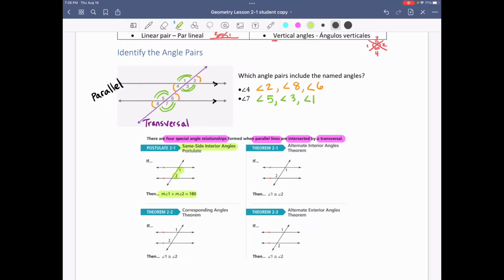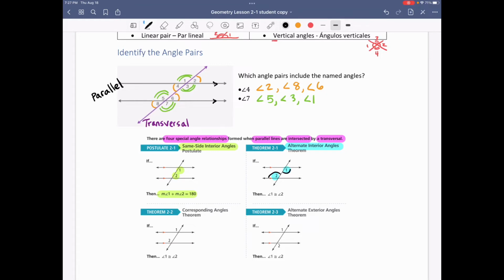Then we have theorem 2-1, and the numbers are not so important as the names of it, because in a different textbook the numbers would be different. This is the alternate interior angles theorem. 1 and 2 are alternate interior, so they are on the inside of those parallel lines.